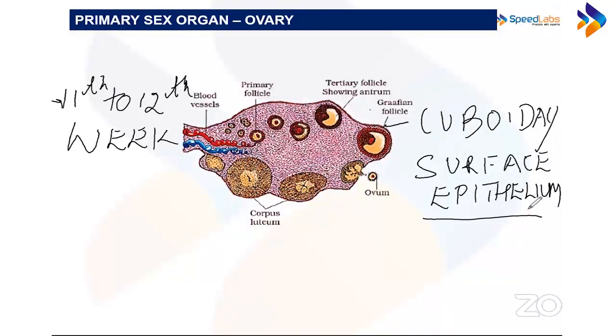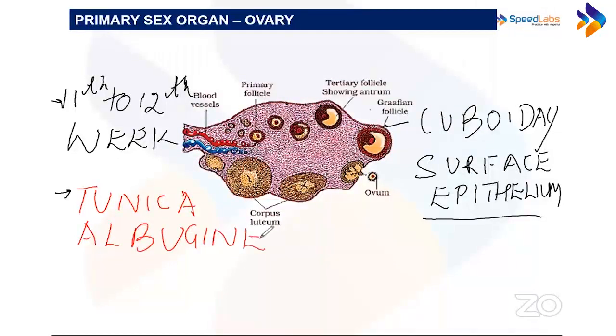ठीक है? अब germinal epithelium के just अंदर, उसके just अंदर है एक layer जिसको बोलते हैं हम tunica albuginea. और आपको पता है, we had done tunica albuginea in testis also. So tunica albuginea, ALBUGINEA.